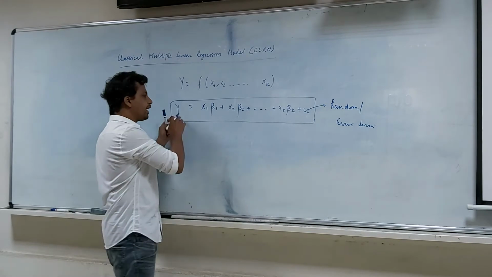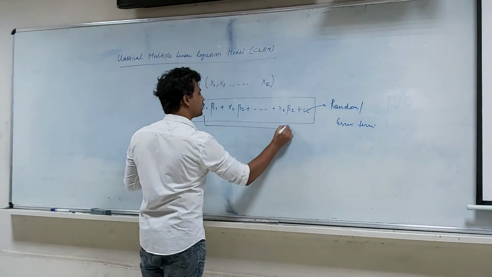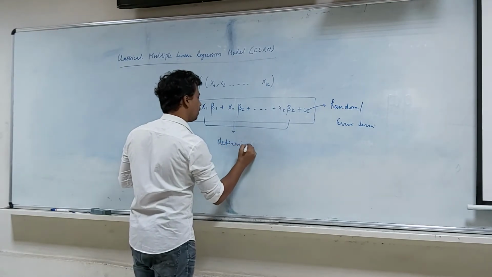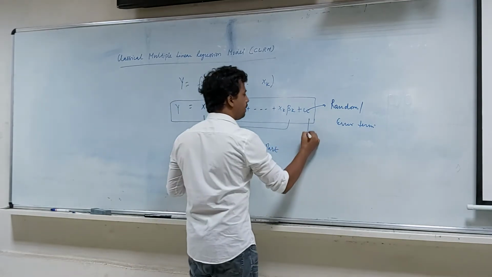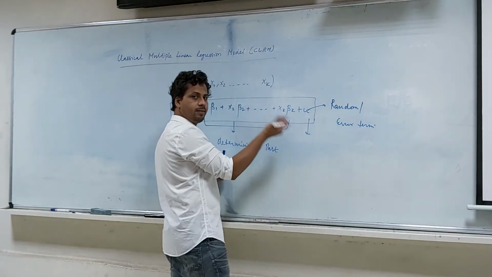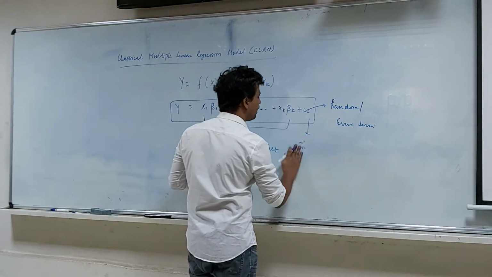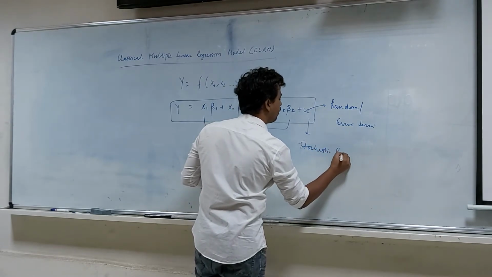That's why y can be thought of as being composed of two definite parts. The first part is called the deterministic portion. And the other part, which brings an element of randomness into this otherwise mathematical relationship, is called the random or stochastic portion.